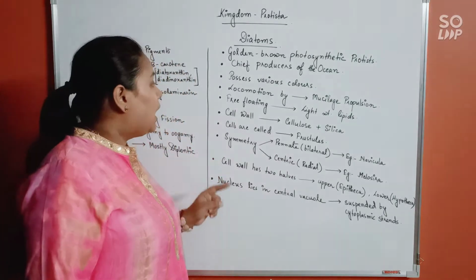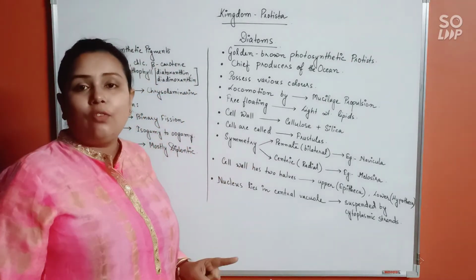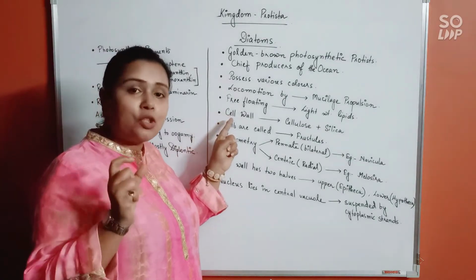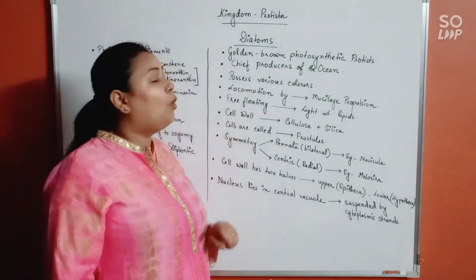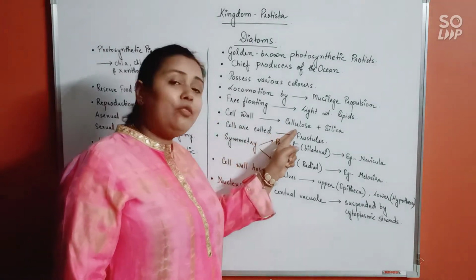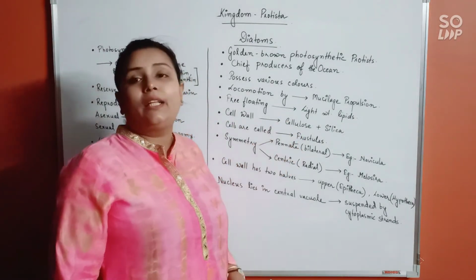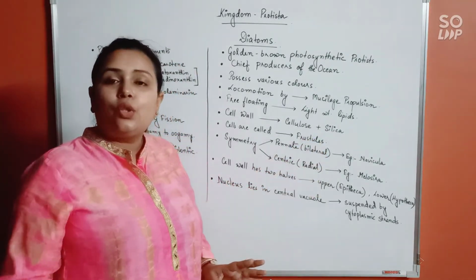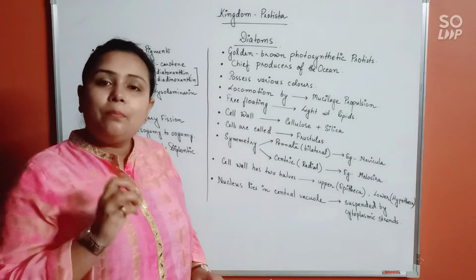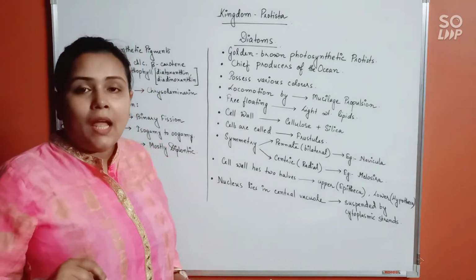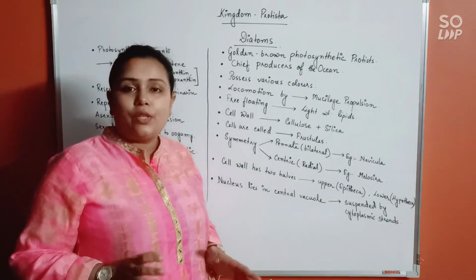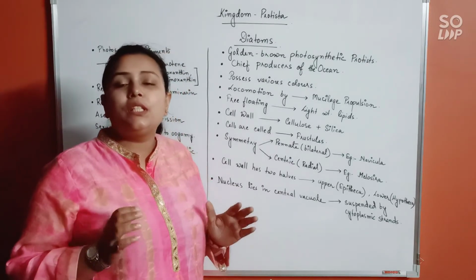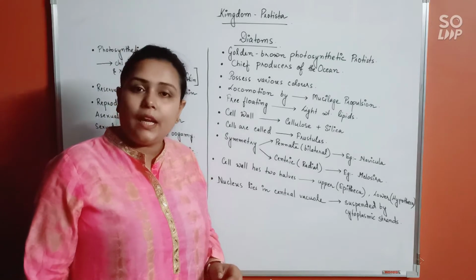Okay. So see, in case of dinoflagellates, the cell wall was present and it was made up of cellulose. Here there is an important difference. The cell wall of diatoms is made up of cellulose, fine. But along with that, there is a very important thing present, that's called silica. So their cell wall has cellulose impregnated with silica. And that's what makes their cell wall highly rigid. So rigid that it becomes nearly indestructible in nature.